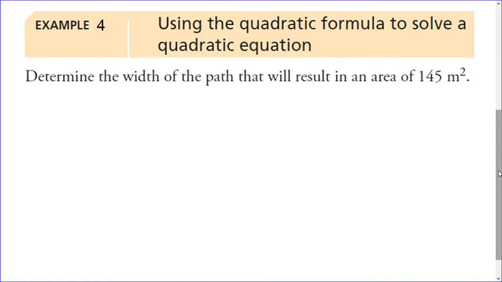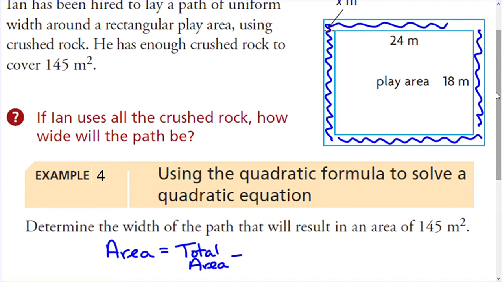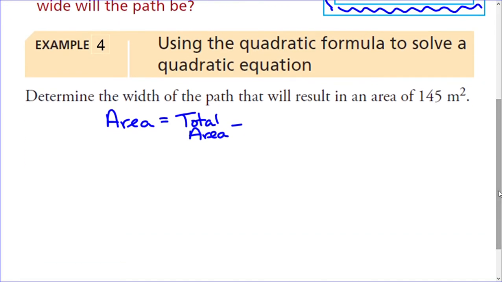So the area that we're trying to figure out is really the total area, and then we have to subtract from that the play area that's here. Because if I can take that whole chunk of play area out, I'm just going to be left with the area on the outside. So we're going to take away the play area.